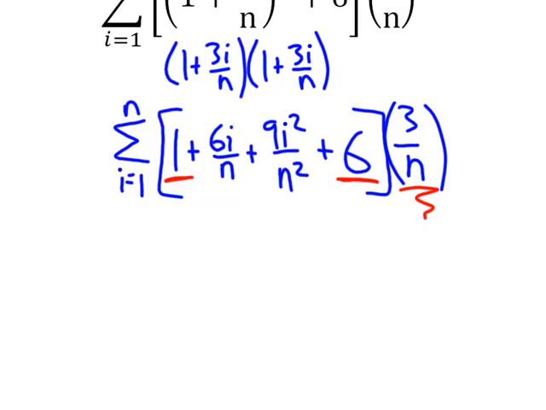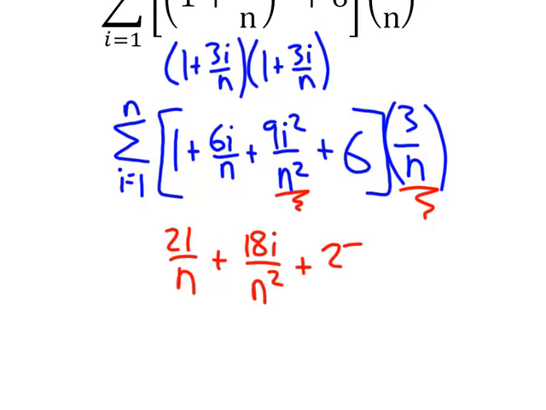So 7 times 3 over n will give us 21 over n. 6i over n times 3 over n will give us 18i over n squared. And 9i squared over n squared times the 3 over n will give us plus 27i squared over n cubed.